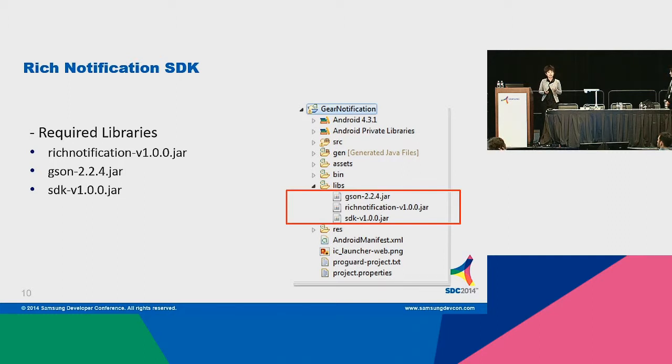So without this jar file, the content in your Rich Notification may not be parsed correctly. Our focus today is the bottom one, SDK jar file. This jar file will raise an exception during Rich Notification initialization stage if your platform doesn't meet basic Rich Notification requirement. Now I'm going to hand over to Anna to dive deeper into this jar file.